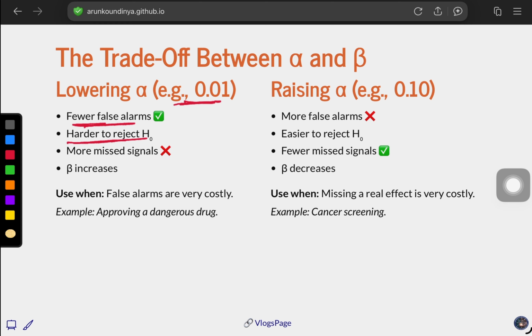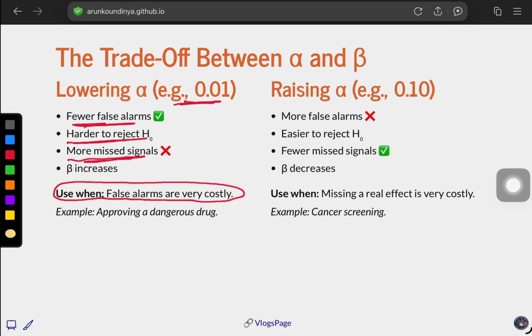What happens in this case? Yes, there will be more missed signals. When do we need to use it? Whenever our false alarms are very costly, we will try to lower our alpha level. It means we are making it difficult for us to prove that our hypothesis is true.